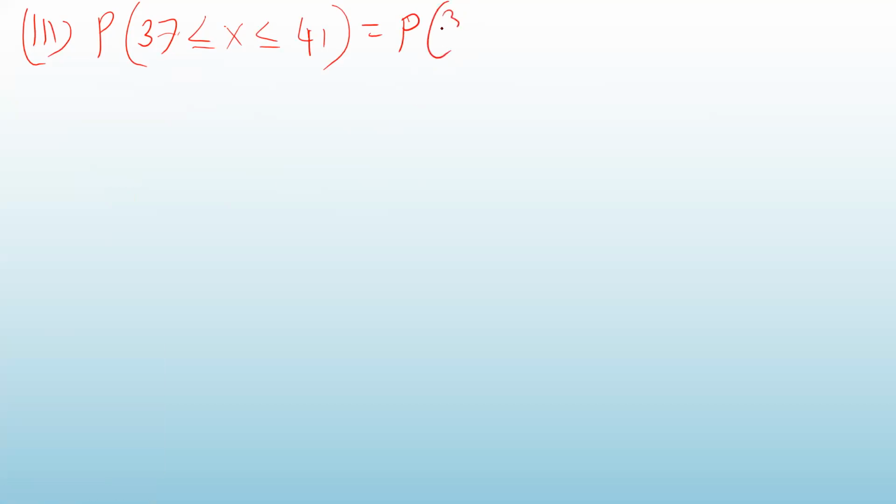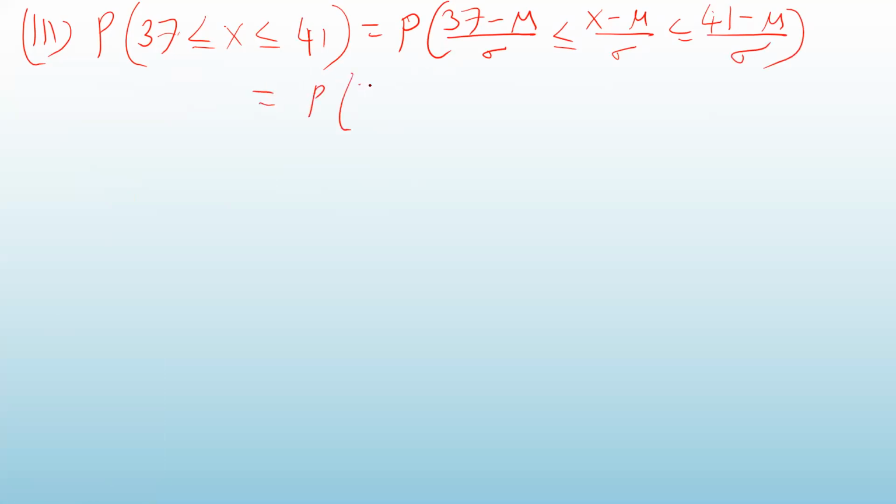So 37 minus mu upon sigma less than or equal to x minus mu upon sigma less than or equal to 41 minus mu upon sigma. Now put the values. Your mu is 40 and sigma is 8. This x minus mu upon sigma is z, and this is 41 minus 40 upon 8.